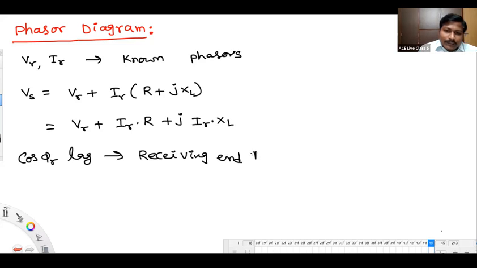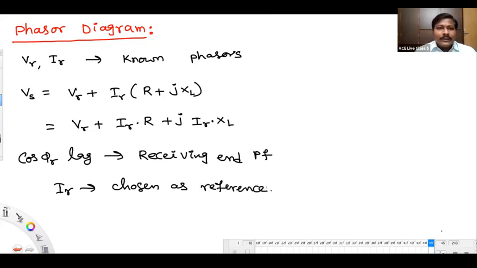From these two known phasors, VR and IR, one we should consider as a reference. In this analysis, I am considering current as the reference phasor, for easiness in understanding. Receiving end current is chosen as reference.